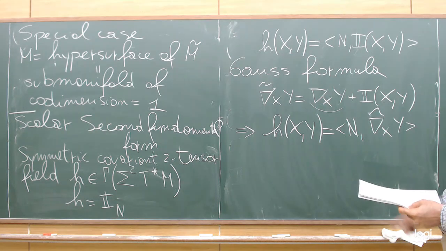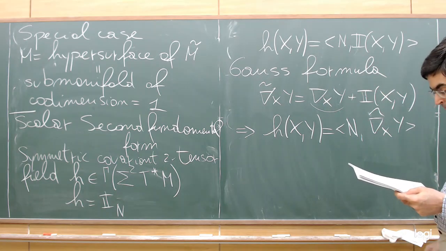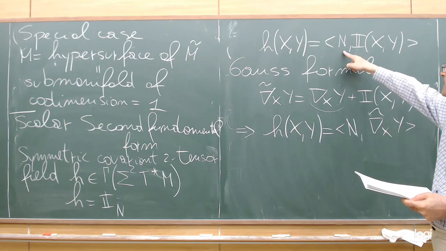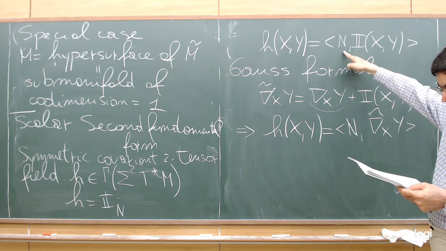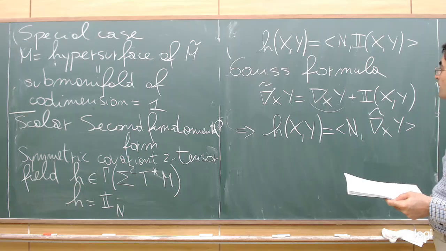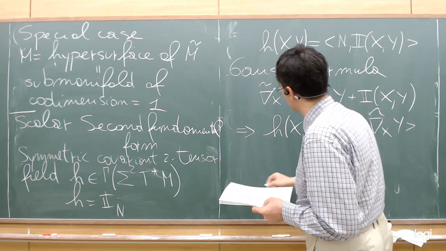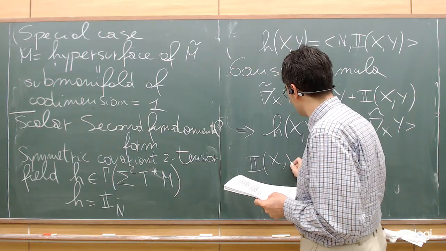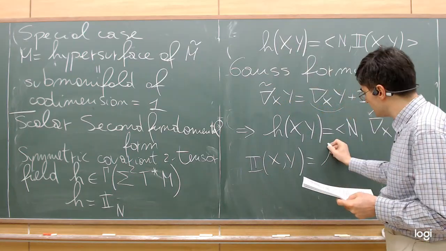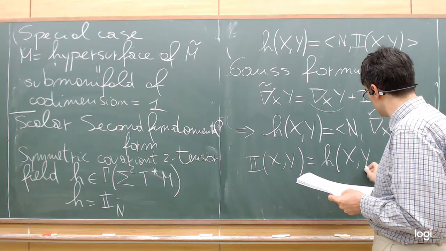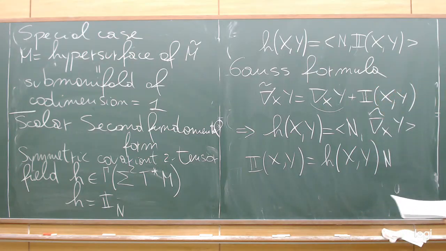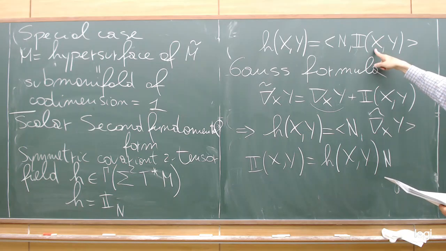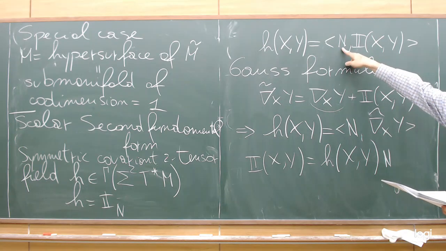Another consequence of this formula is that if n is a unit normal vector, then from here we get 2(X,Y) equal h(X,Y) n. Why? Because this is normal to M, and this is normal to M.